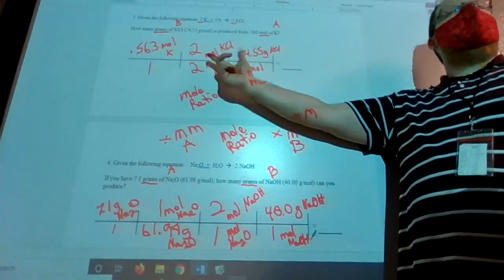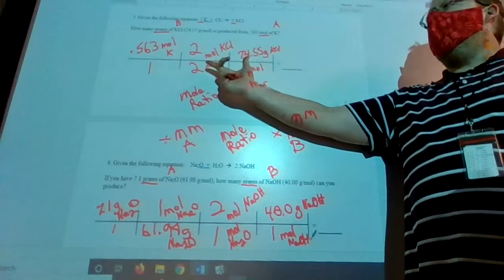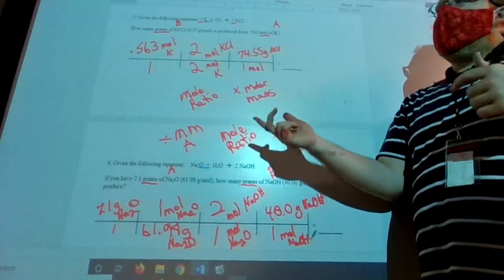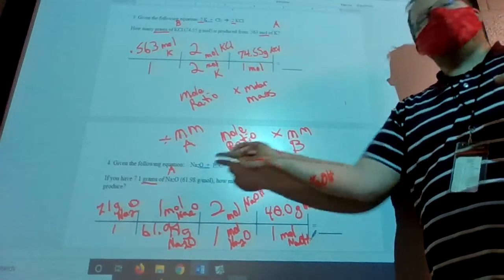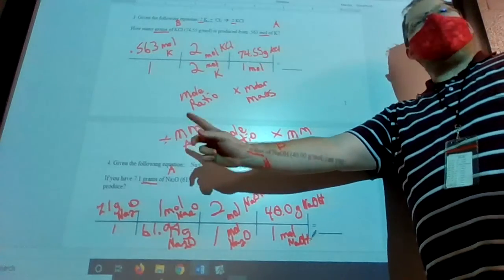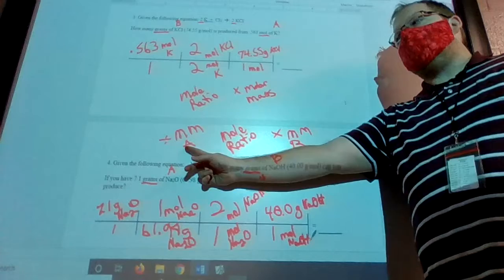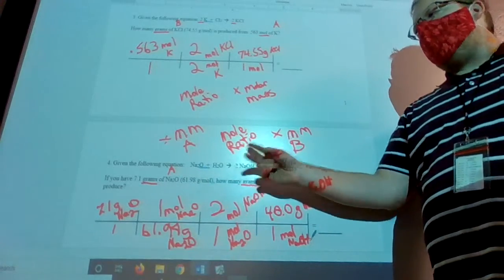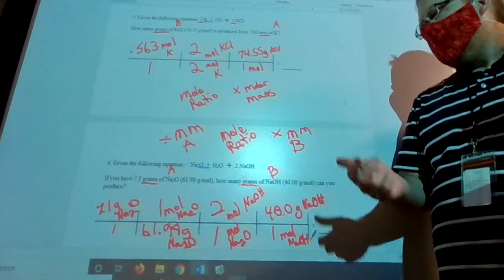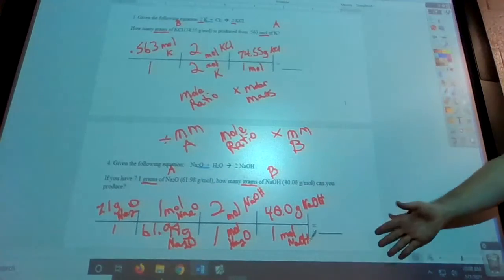These problems with it already kind of set up like this, you know, I got my starting number and I got 2 conversion factors. But you can kind of write it down like we were doing. What are my conversion factors? What are the things I need to do? Well, on this one, I got to do all 3. I got to divide by the molar mass of A, I got to use the mole ratio, and then I got to multiply by the molar mass of B. So set it all up, then do your math.